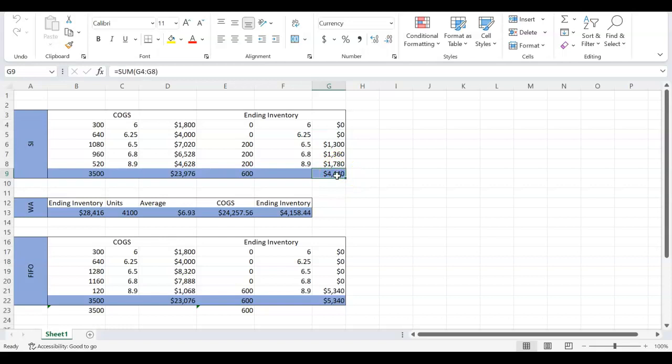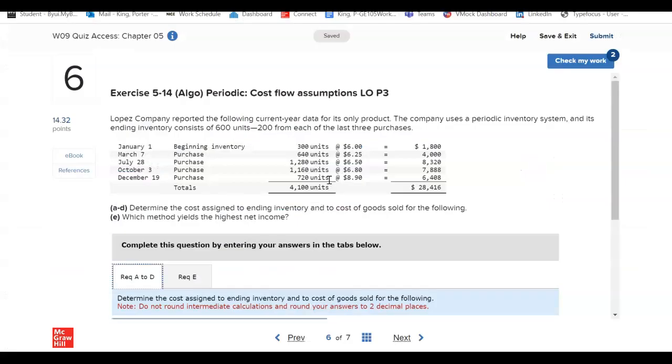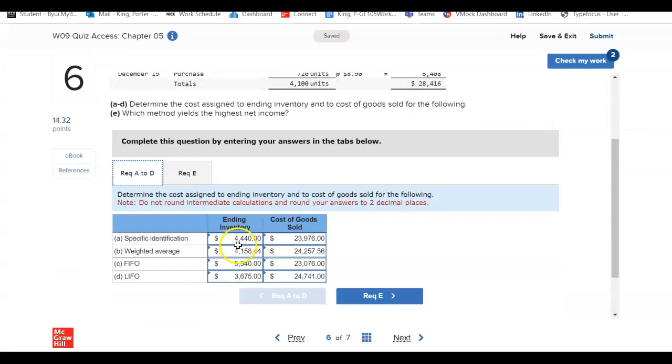And with this last one here, I've got the sum of G4 to G8, so just here down to here, and that is going to be our ending inventory value. So we can go ahead and just punch that in right there: 4,440.